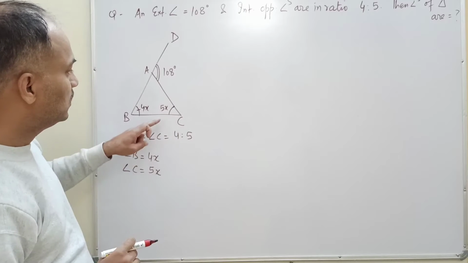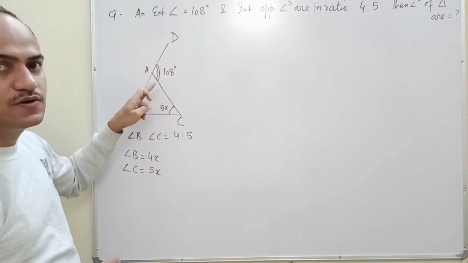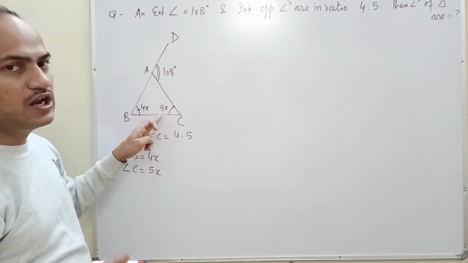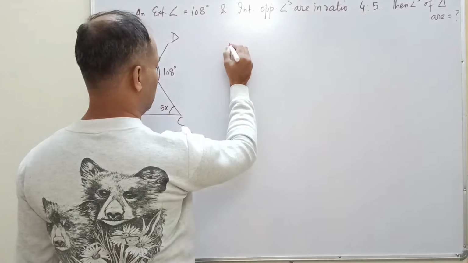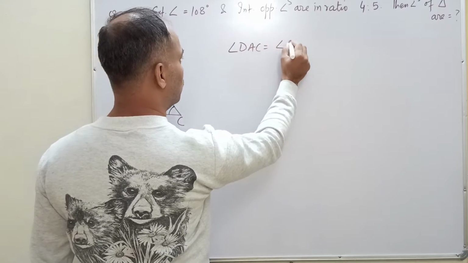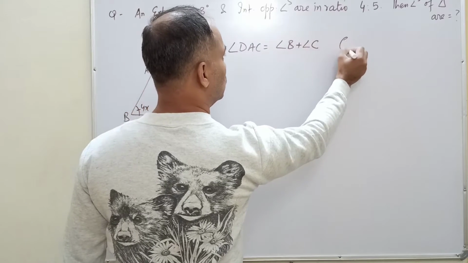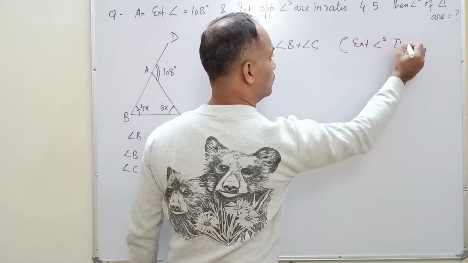Now we see the simple property we can apply. The exterior angle of a triangle is equal to the sum of two opposite interior angles. So according to the exterior angle theorem, we can write angle DAC is equal to angle B plus angle C. What is the reason? Exterior angle theorem.